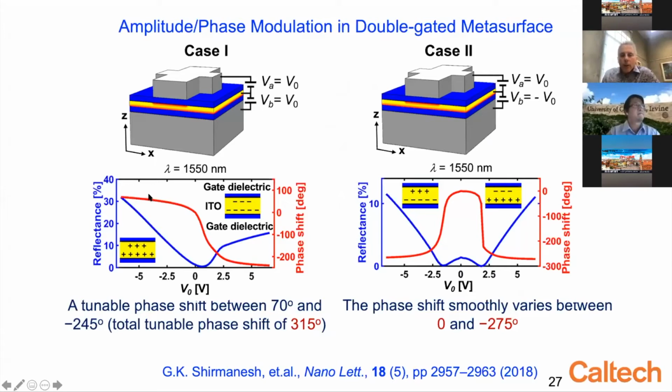And that allows you to have much more design freedom in changing the phase and amplitude. Now, they both co-vary when you do this, but you can find, for example, here's a range where the phase modulates rapidly, the reflectance modulates slowly. So it gives you another design degree of freedom.